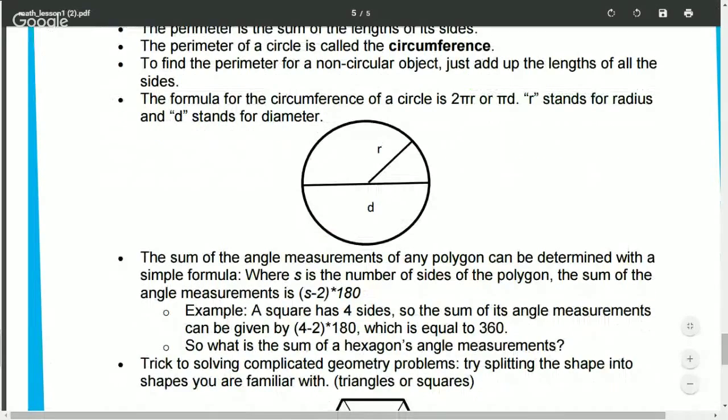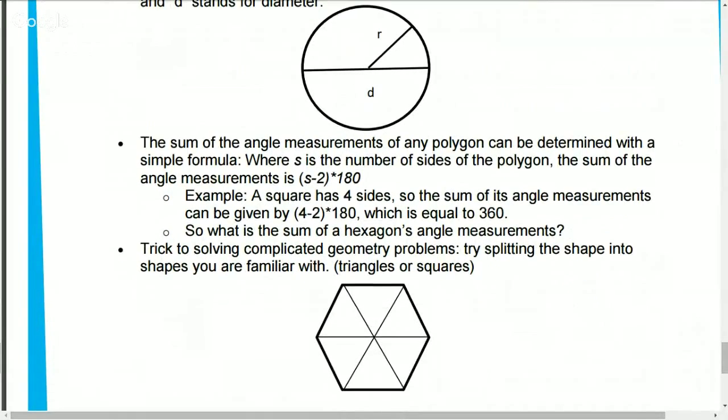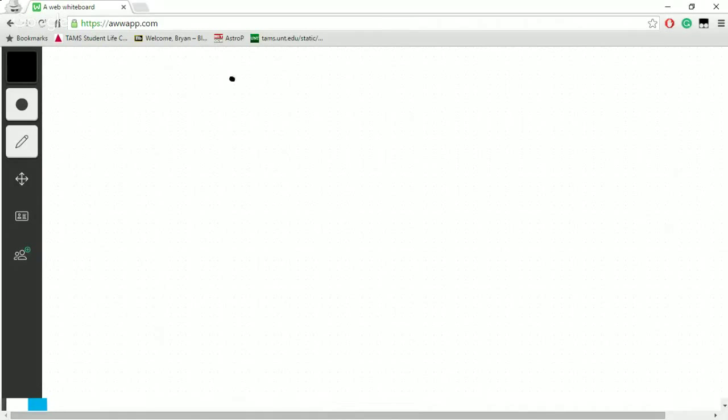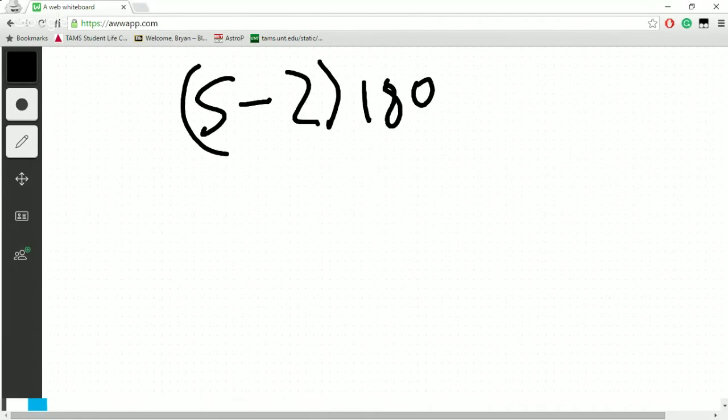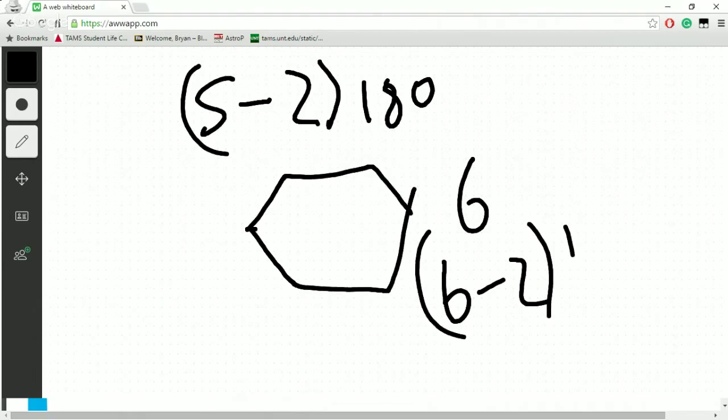The sum of the angle measurements of any polygon can be determined with a single formula: n minus 2, times 180. Let's look at an example, a hexagon. The number of sides is 6, so we plug 6 in and get 6 minus 2 times 180.